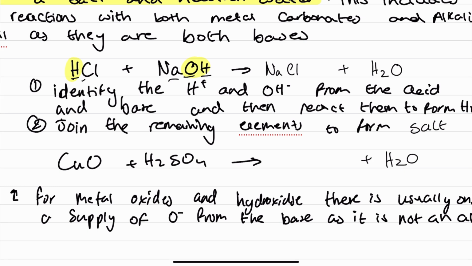Well, for H2O, we can see that there's 2 hydrogens in the acid, and we can see there's an O2- from the metal oxide. Therefore, these two we know will join together to form the water. Now we can just join Cu and SO4. We know that SO4 is a 2- ion, Cu is a 2+ ion, so therefore they can just react to form CuSO4 with no numbers in between.